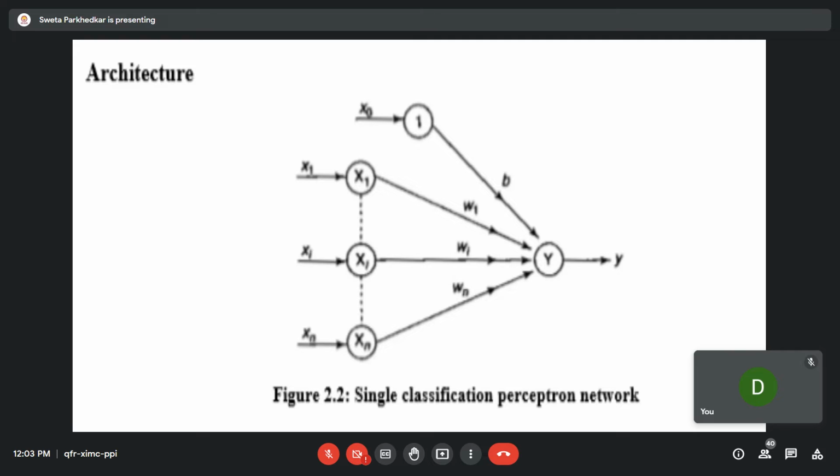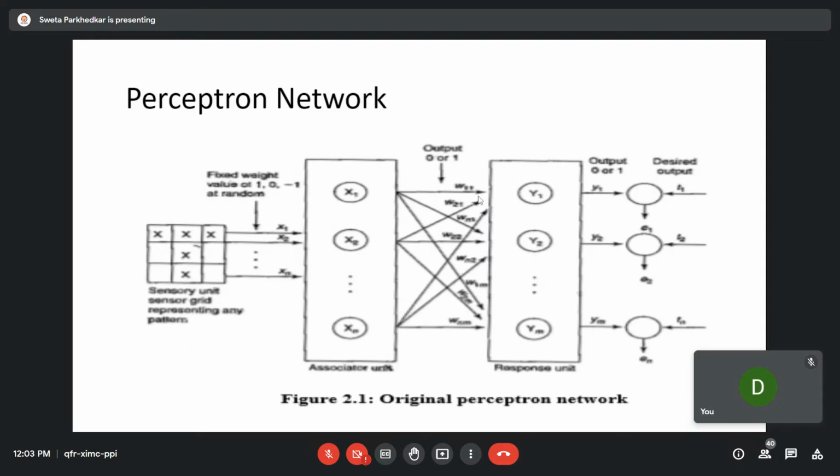So here the weights between the associated unit and the output units can be adjusted, and the weights between the sensory and the associated units are fixed. So I have told you this earlier. The weights between the associated unit and the response unit are updated, and the weights between the sensory unit and the associated unit are fixed.